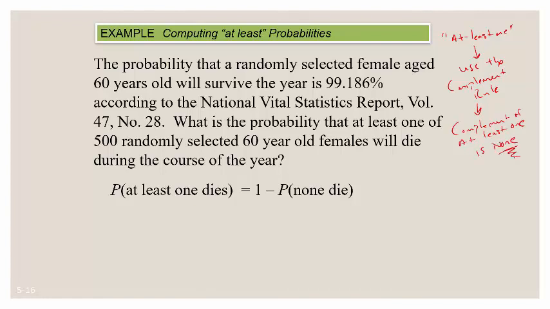Always, always, always. So the probability that at least one dies is 1 minus the probability that none die. Well, if none die, they all survive. So how did I get this next? The probability that all survive is 0.99186 to the 500th power. Well, this is 1 minus the probability the first survives.